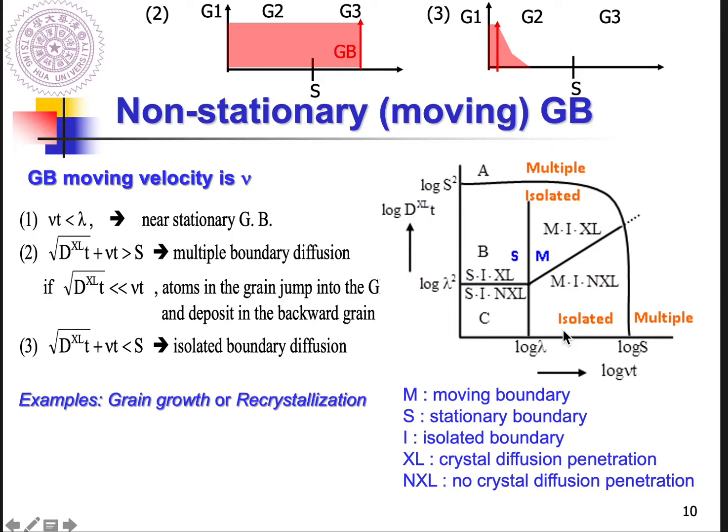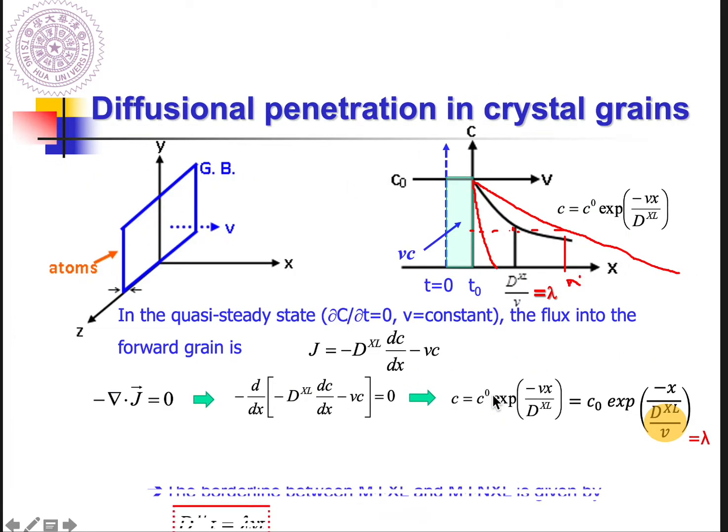But inside isolated, depending on the magnitude of √(Dxl t), this one with the higher diffusion distance or length can also be considered as crystal diffusion penetration. And this region with the smaller √(Dxl t), you consider as no crystal diffusion penetration. Now I believe you have some picture or idea about these figures.